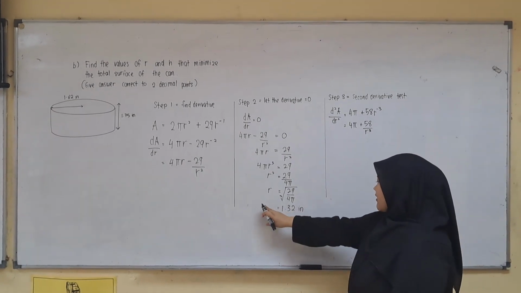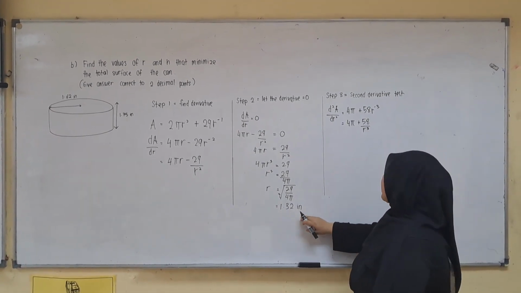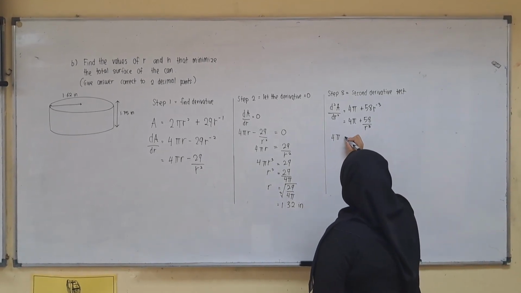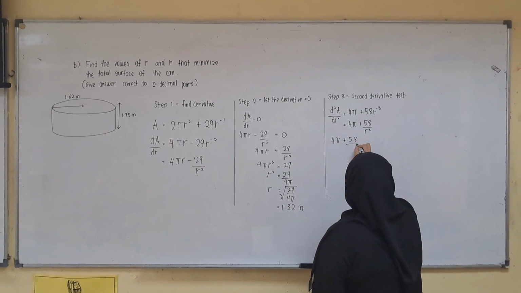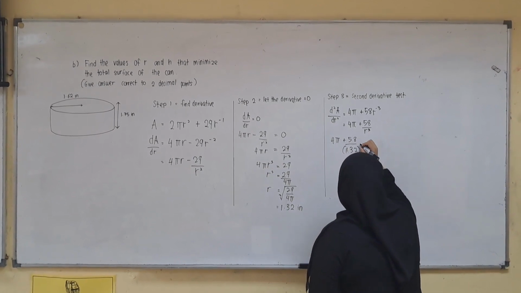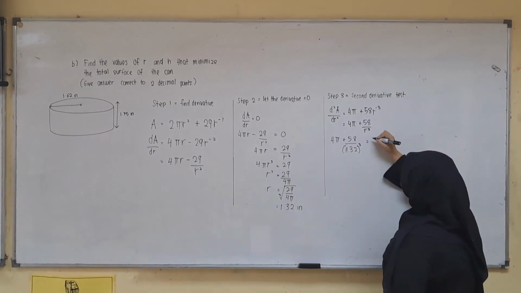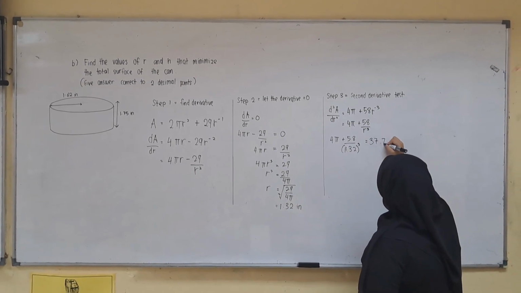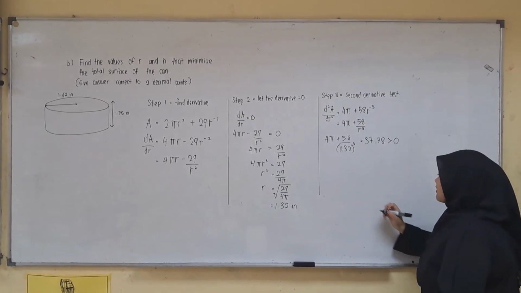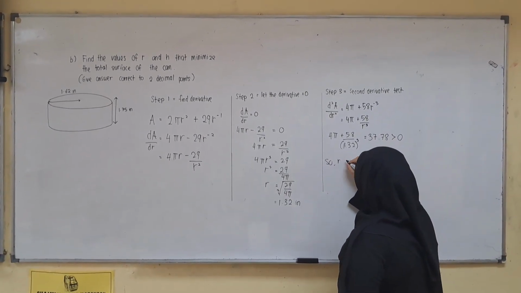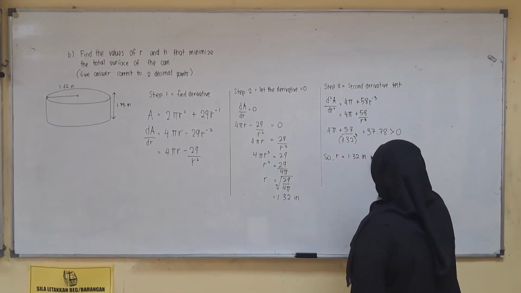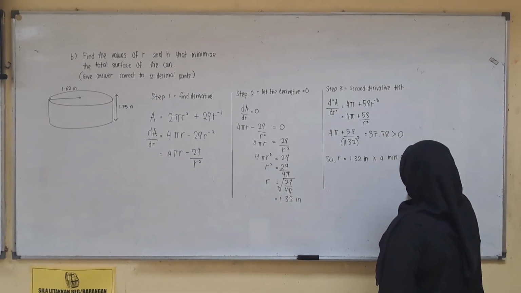Now we know that r is 1.32 inch, so we substitute in this equation: 4 pi plus 58 over 1.32 power of 3 equal to 37.78. So this value is more than 0. So r equal to 1.32 inch gives the minimum value.